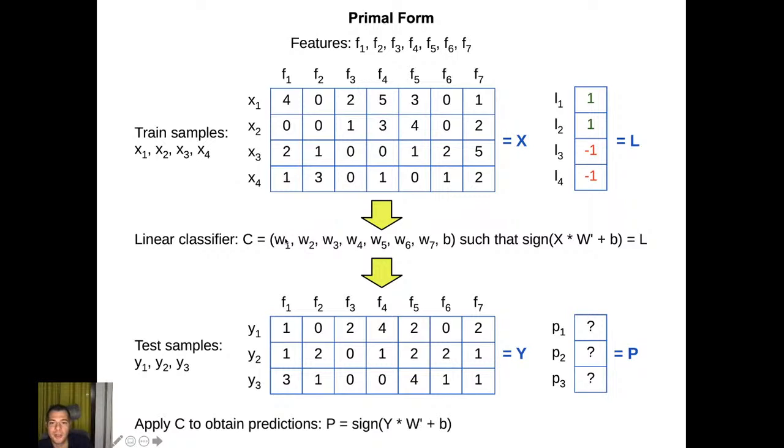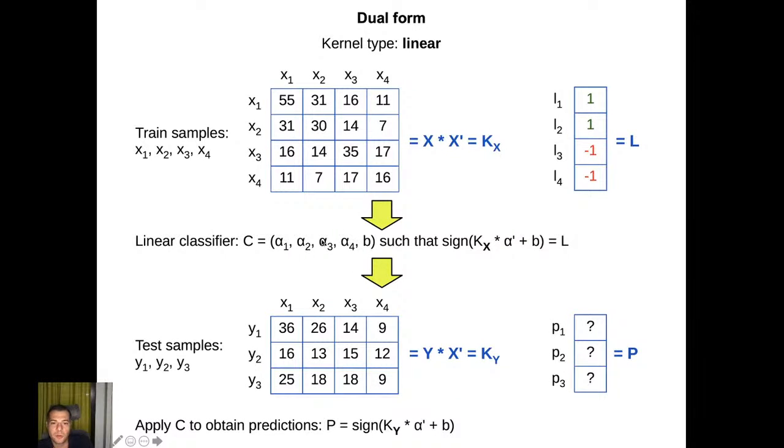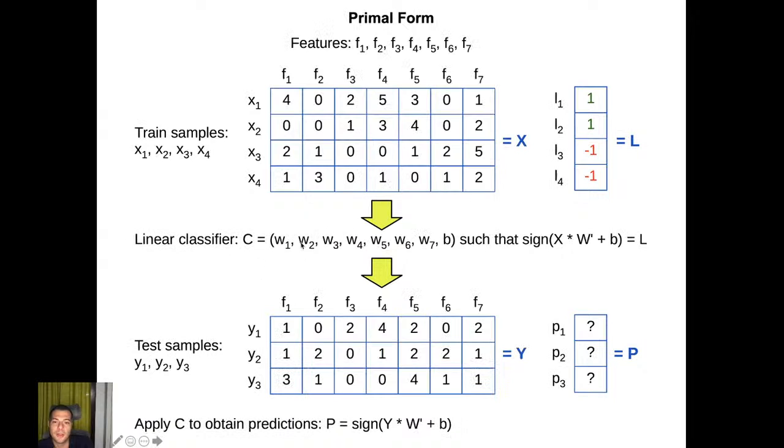The weights W are equal to X transpose multiplied with the weights alpha. So there is a direct relation. If you have the matrix of data samples and these weights, you can compute the weights W directly.